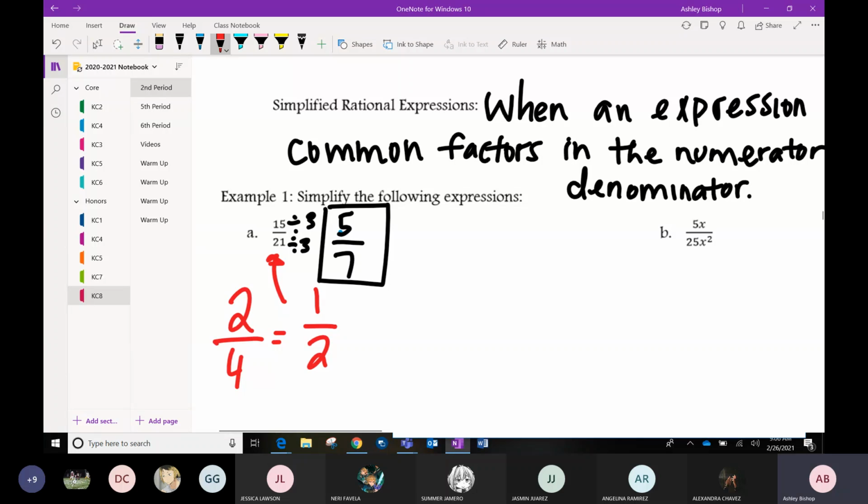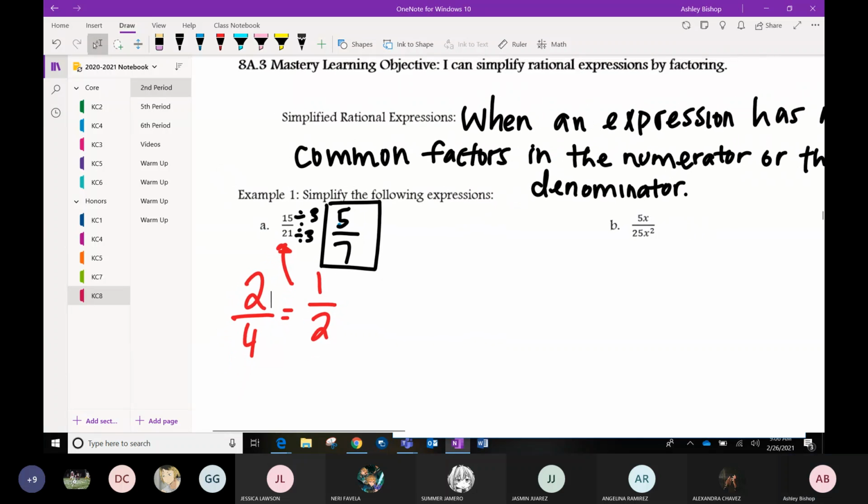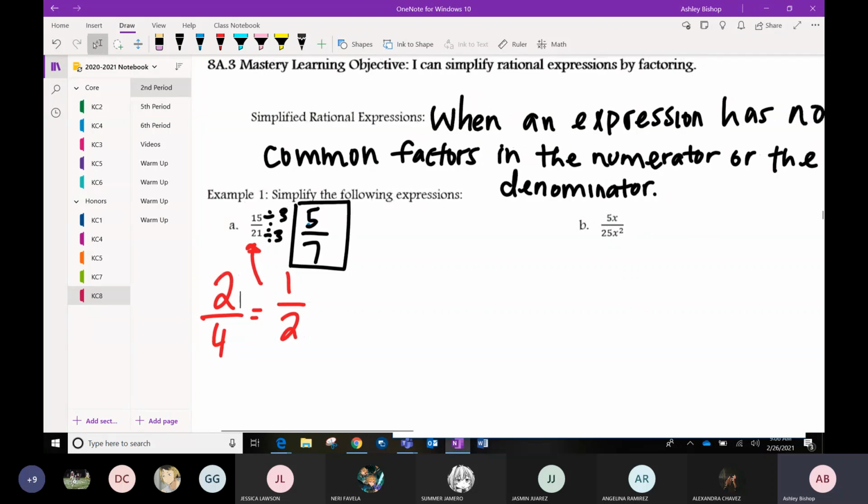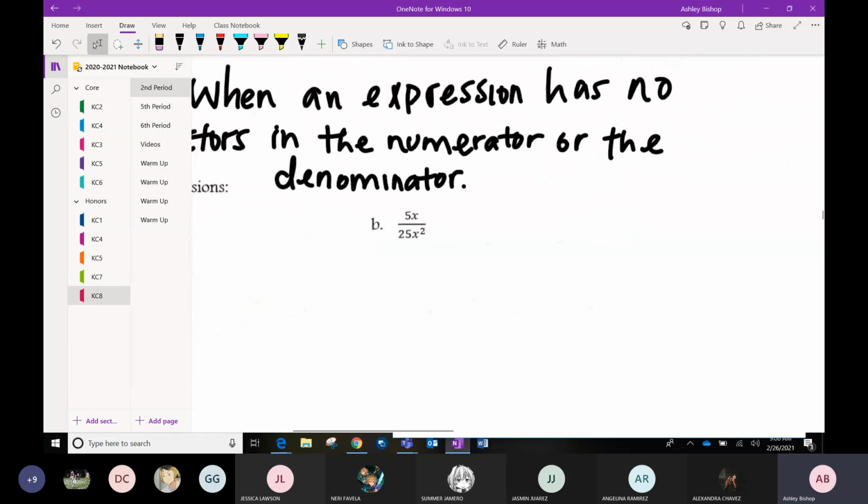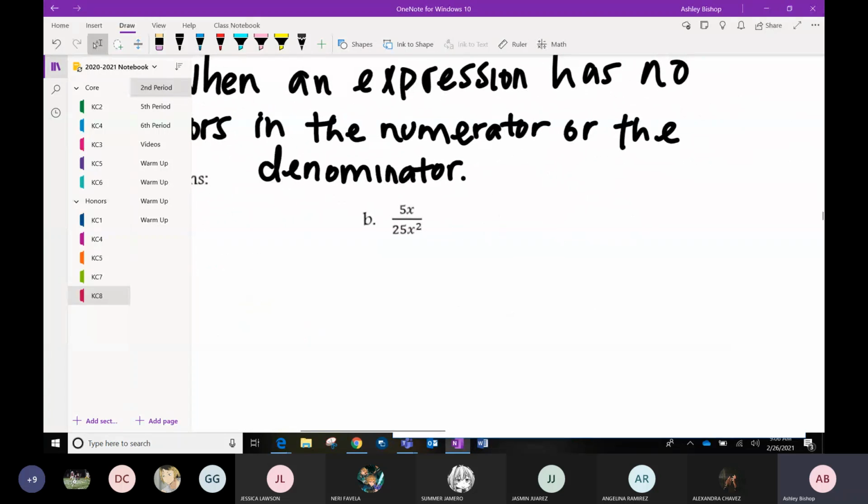All righty. Now it's not that simple when we bring variables into it. So I have 5x over 25x squared. I'm going to simplify the numbers, and I'm going to simplify the letters.